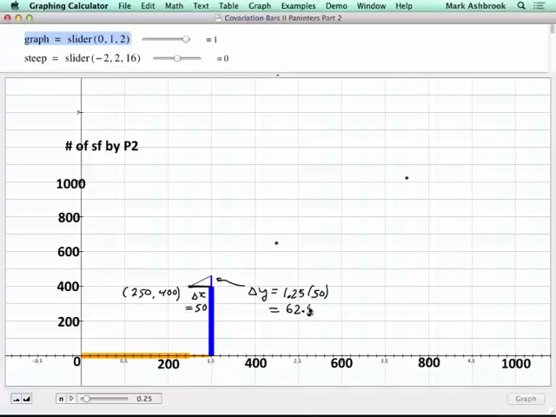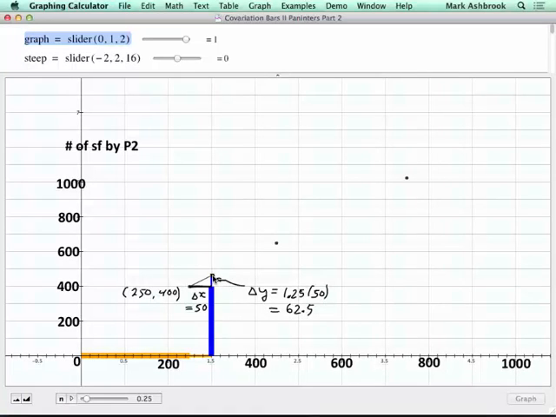So now look, what was the starting value? Here's the initial value of painter 2, and this was the change in the amount painted by painter 2. So now what's the new amount painted by painter 2? 400 was the initial, and the additional amount is 62.5.